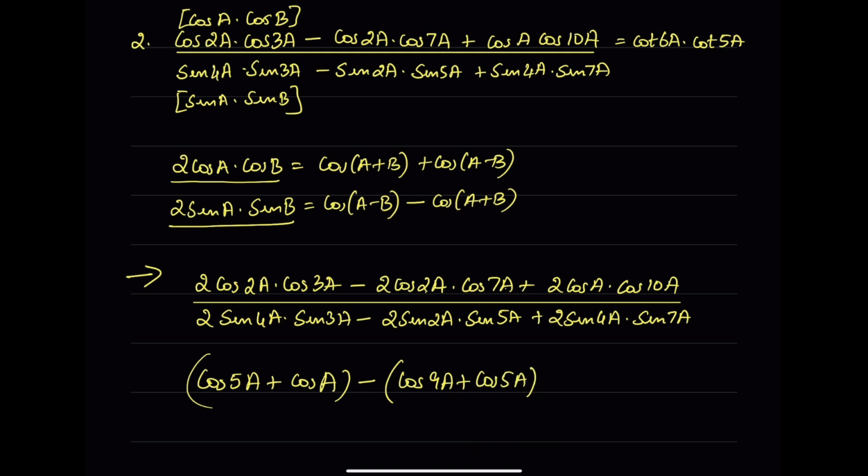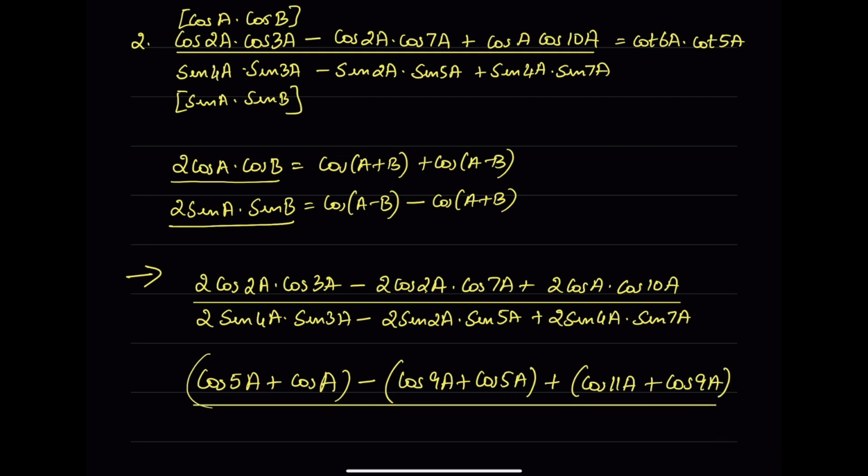Again 2a minus 7a is minus 5a, and cos of minus x is cos x. That's what I'm applying throughout this format. Plus, this will be plus cos 11a plus cos 9a. Okay, that is our numerator.